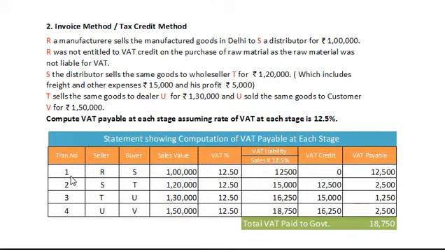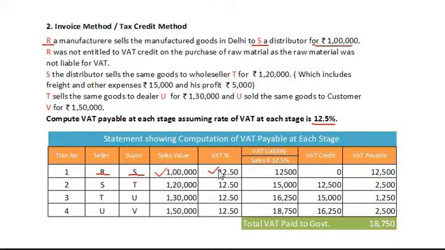Our transaction number 1 takes place between R and S. So here R becomes our seller and S becomes our buyer, and the value of goods is 1 lakh. So here sales value is 1 lakh. Our VAT rate is 12.5%.